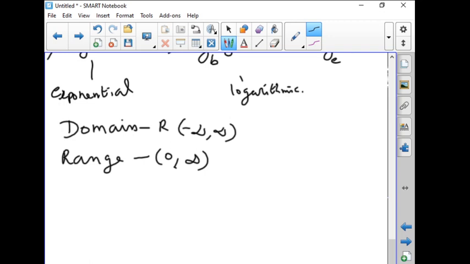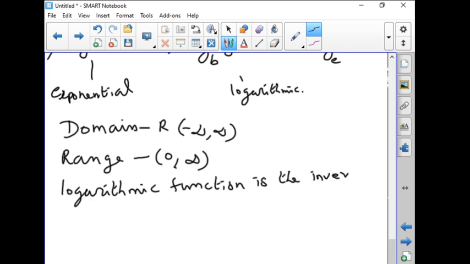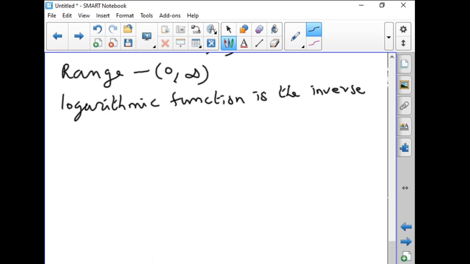Now we know that the logarithmic function is the inverse of the exponential function.